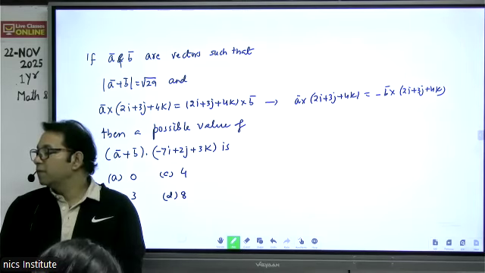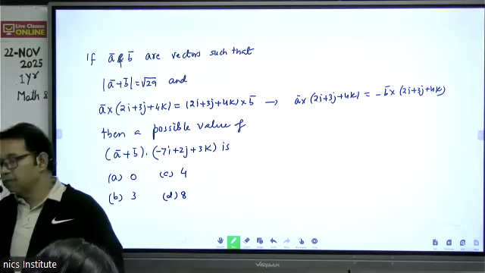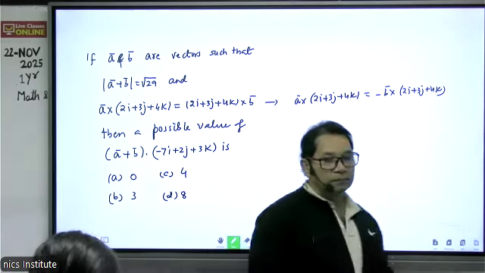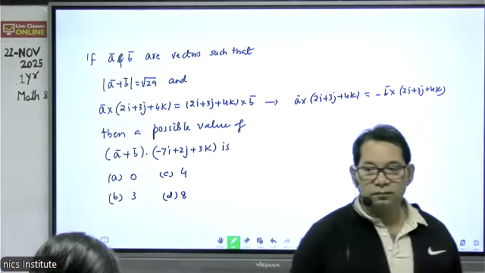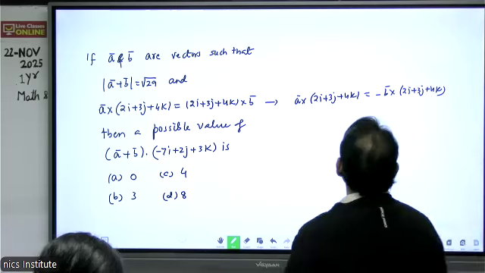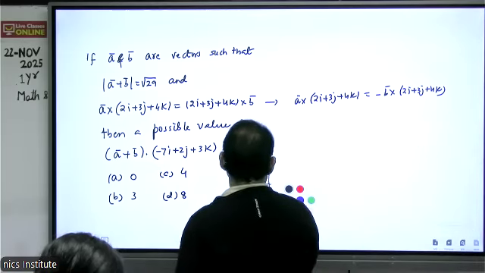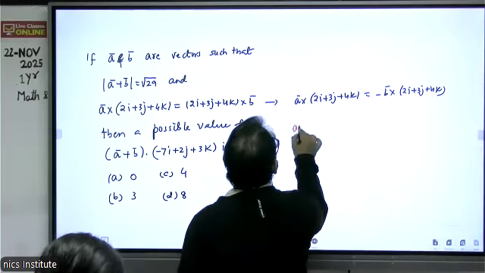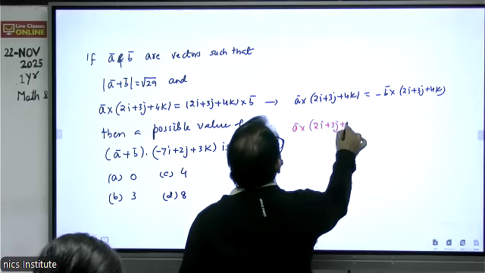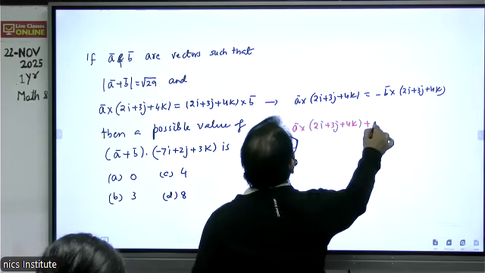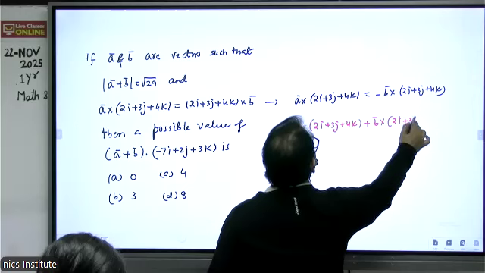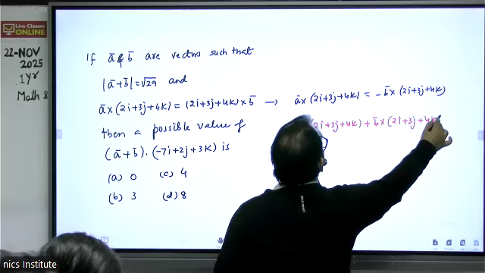Bring this term to the left side. So A cross 2i plus 3j plus 4k plus B cross 2i plus 3j plus 4k equals to 0.